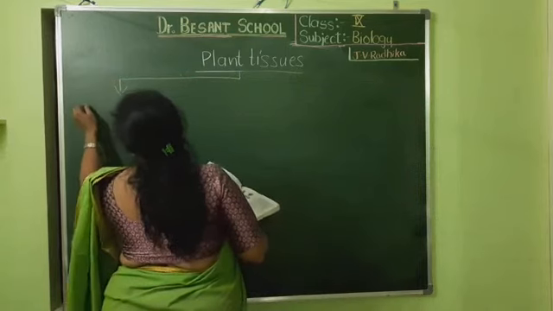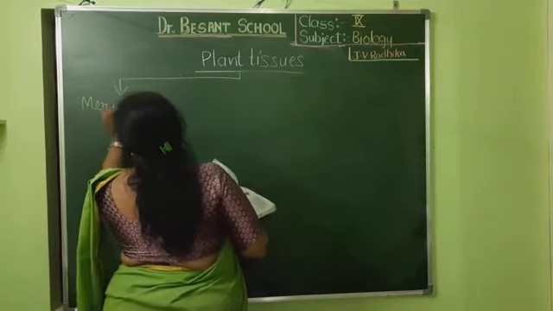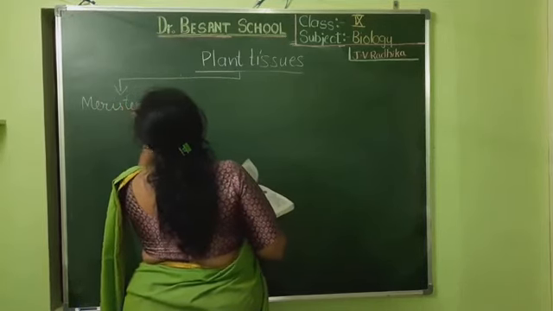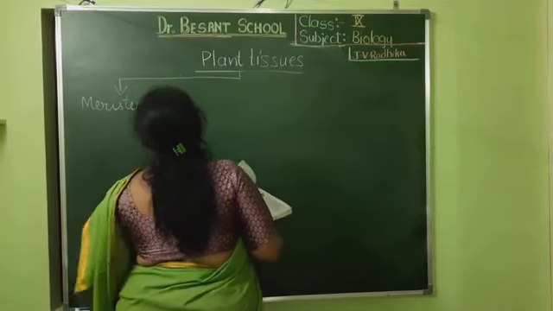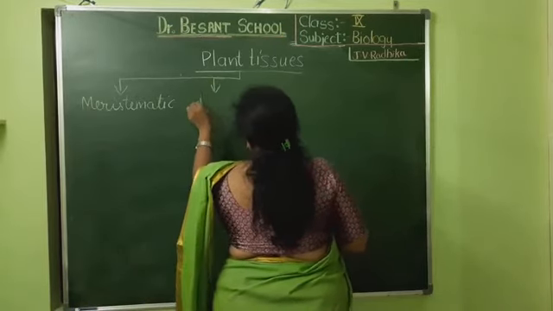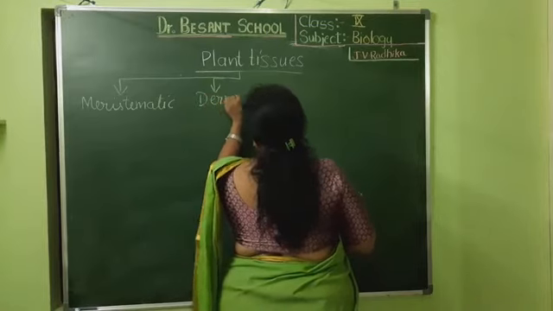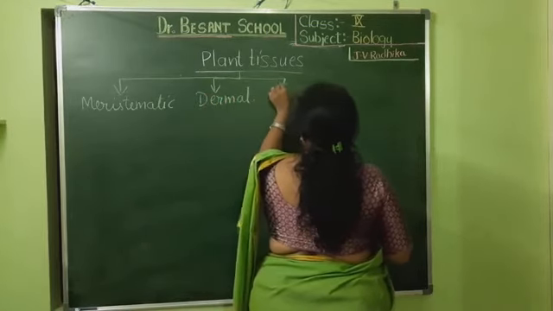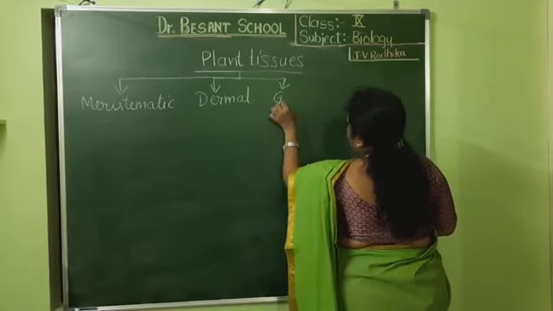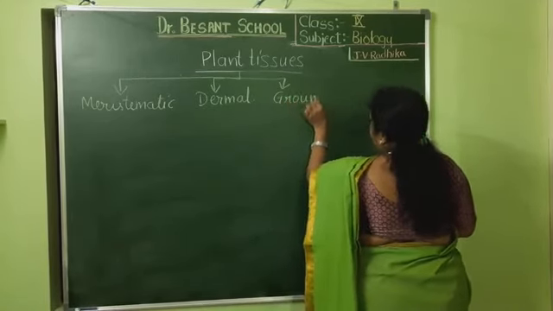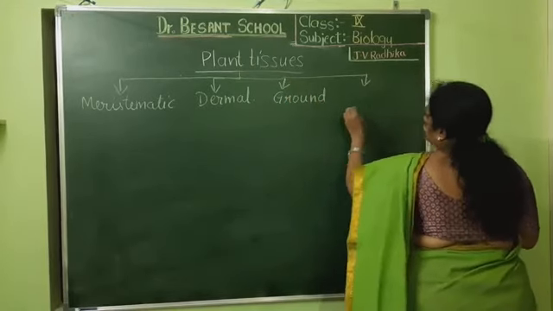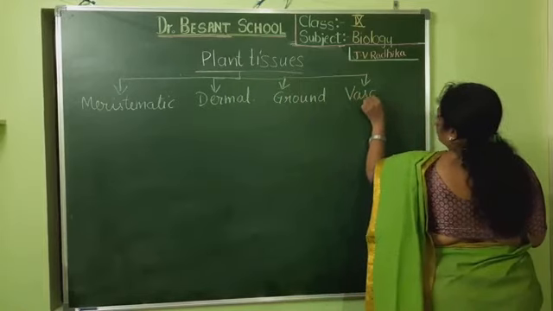I can divide them into meristematic tissue, dermal tissue, ground tissue, and the last one, vascular tissue.